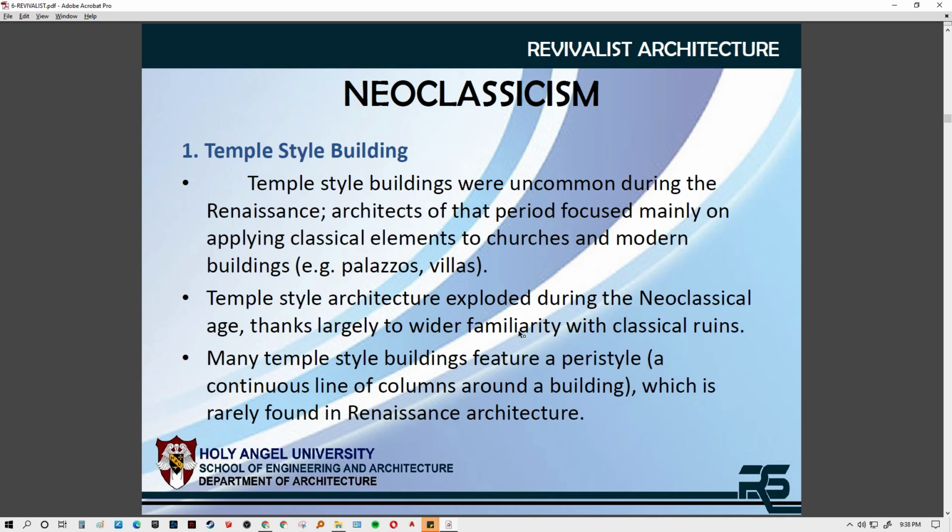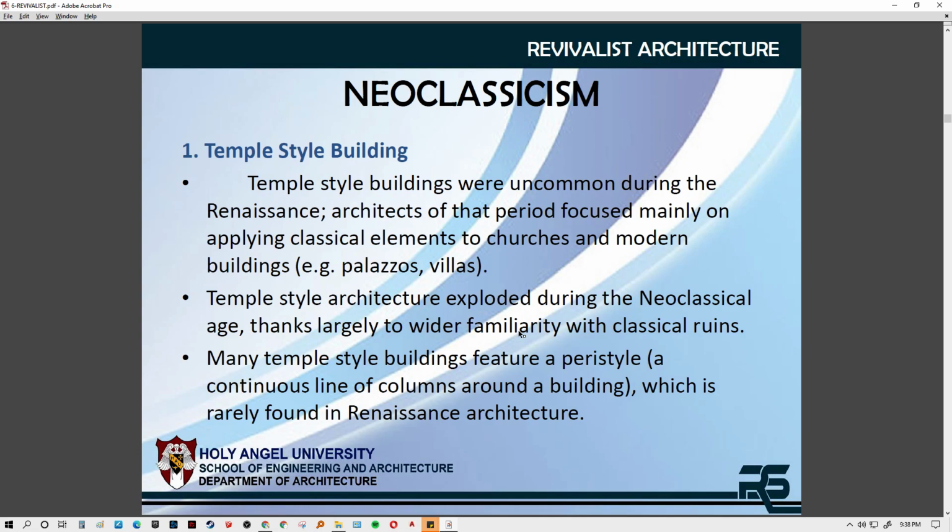Even though the motif was used by Renaissance architecture, the Renaissance only adapted it as blind arcades, but not a series of real columns.